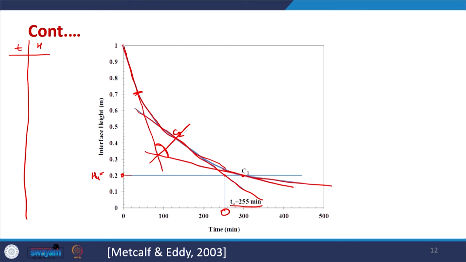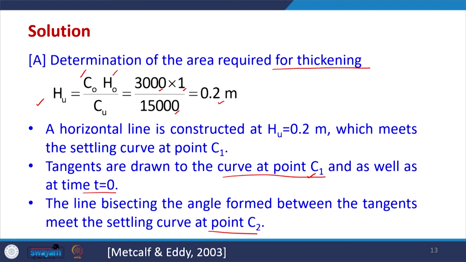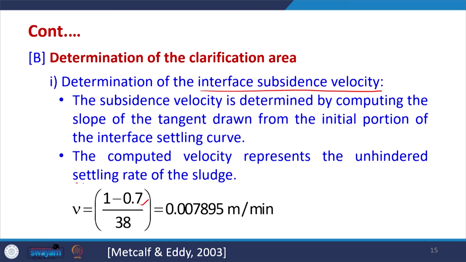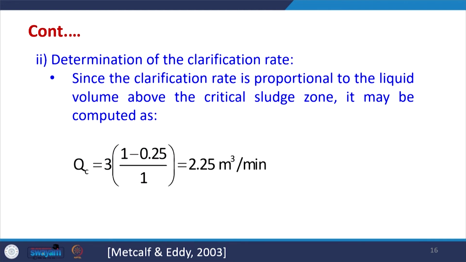We found that up to 0.7 meter the decrease was highly linear, and from here, you can see, the unhindered settling rate has been calculated using 1 minus 0.7 divided by 38 minutes, which was the time. This is the interface subsidence velocity we can calculate. Now, the area calculation is very straightforward.